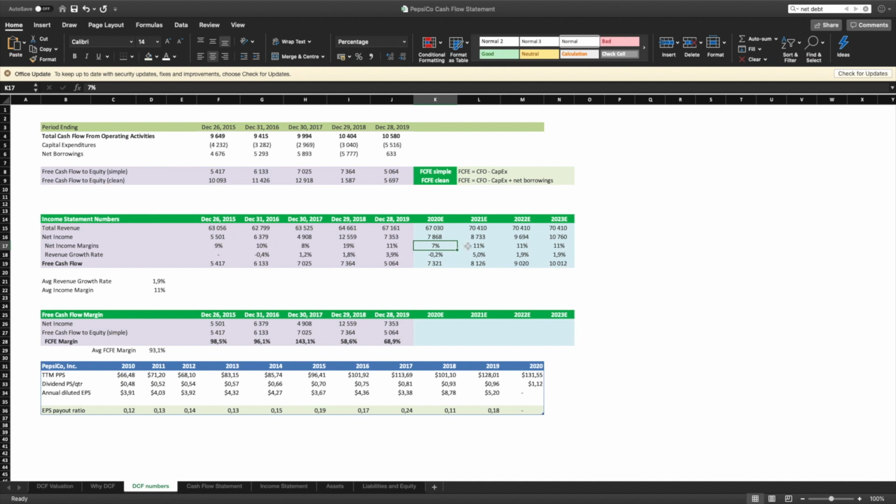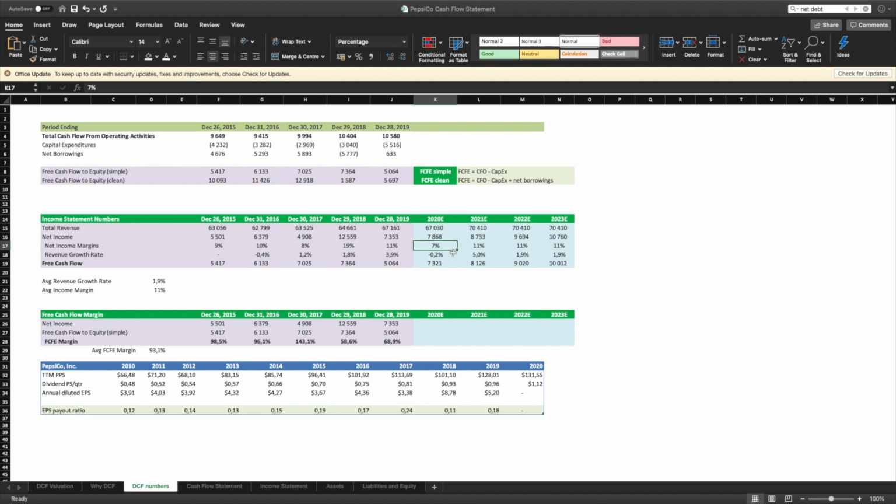But as I expect Pepsi to come back from the crisis to normal terms, we use 11% for all of the other coming years. That's a good footnote, and that is why it says 7% here and not 11%.